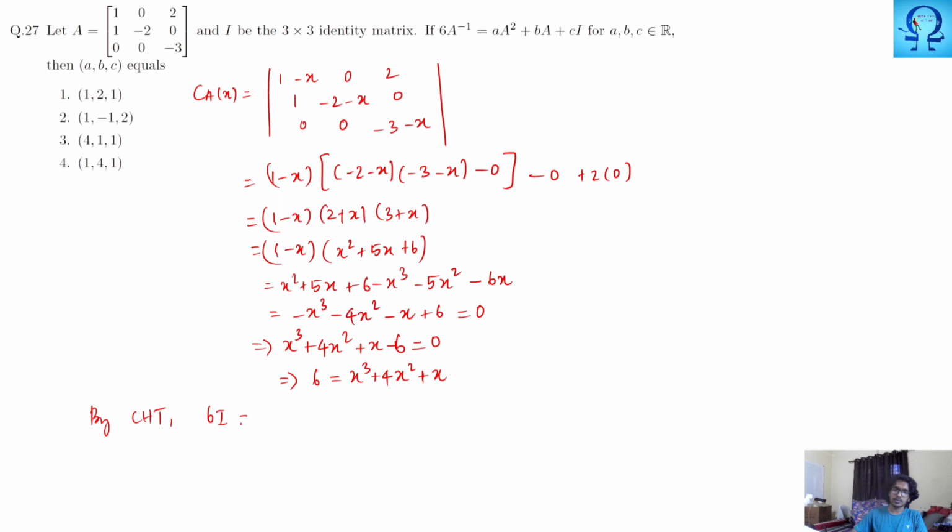So what I get is 6I equals A cube plus 4A square plus A. If you multiply A inverse with this, what you are going to have is 6A inverse is A square plus 4A plus identity. If you compare this with the given thing, you would get a is equal to 1, b is equal to 4, and c is equal to 1. That is our last option.